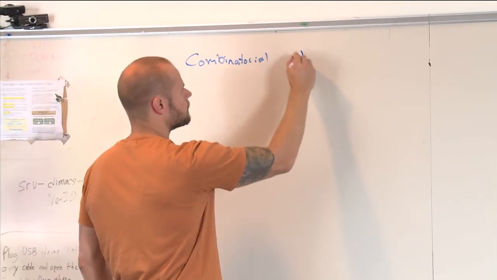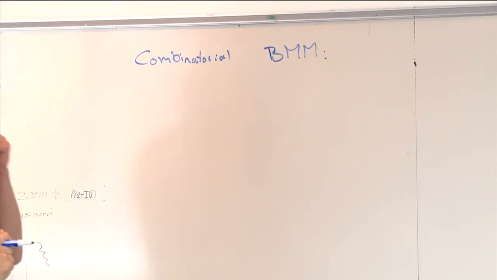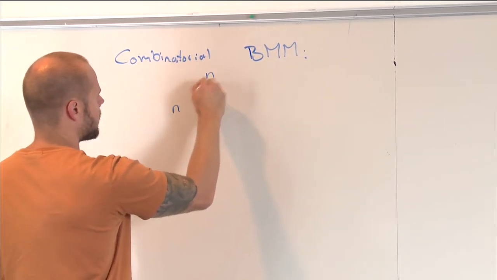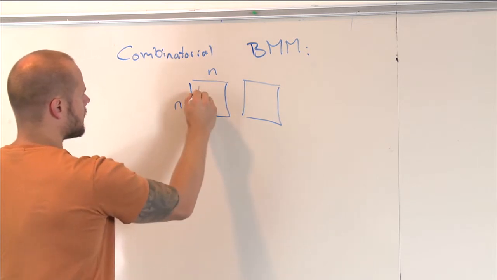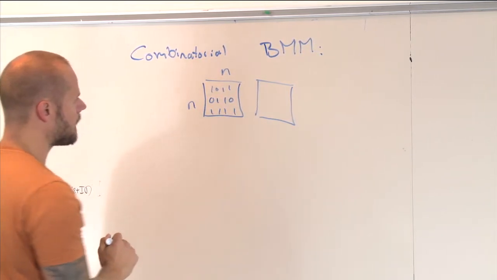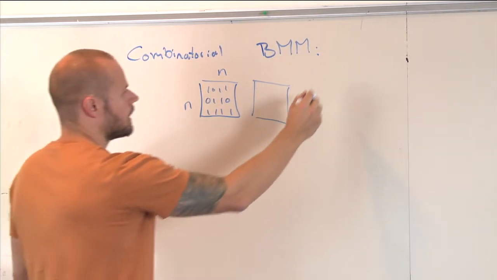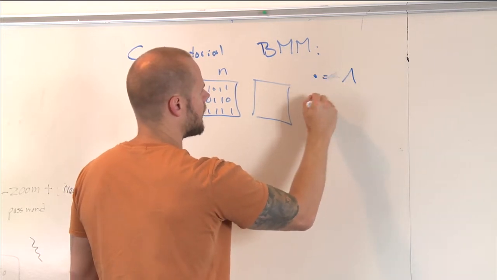So, combinatorial Boolean matrix multiplication. What was the problem here? It's an algorithmic problem, right? You're given two Boolean matrices, A and B, and then you have to compute the product of A and B, where multiplication is AND and addition is OR.